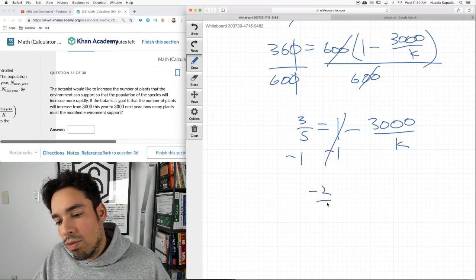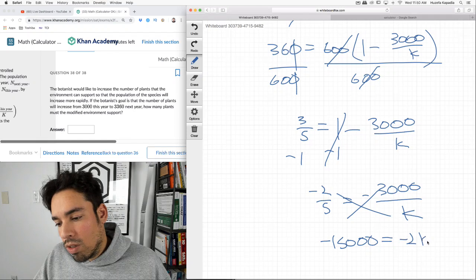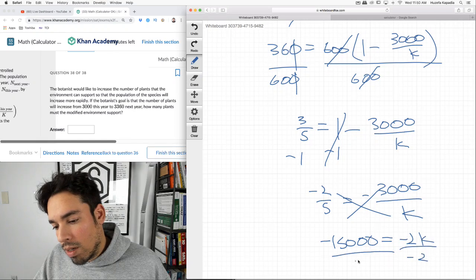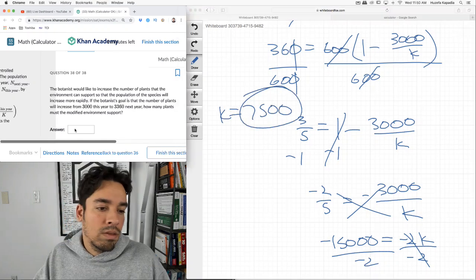Negative 2/5 equals negative 3,000 over K. Cross multiply. Negative 15,000 equals negative 2K. Divide by negative 2. K equals 7,500, positive.